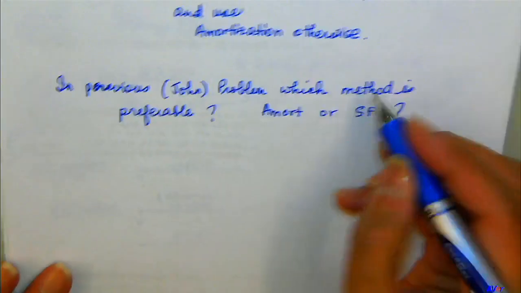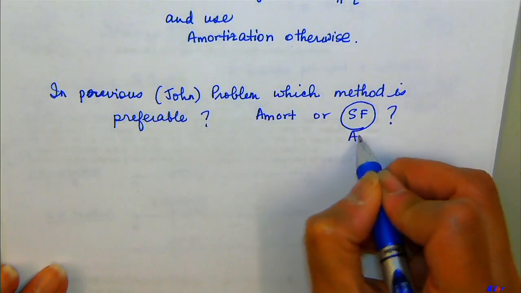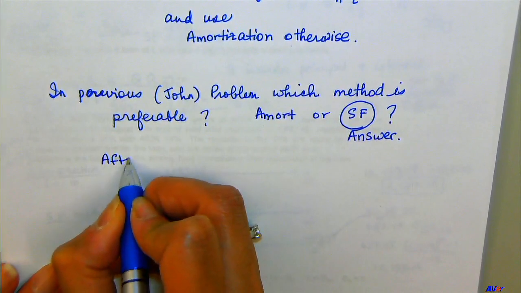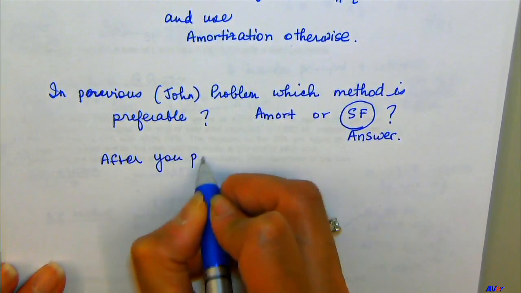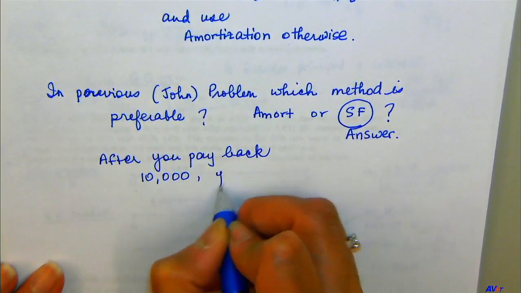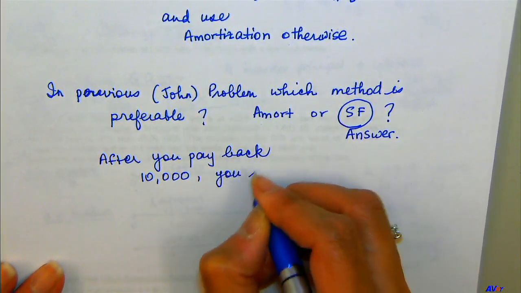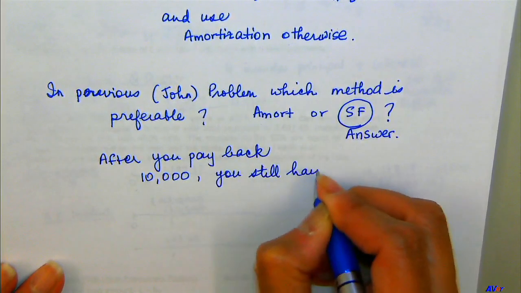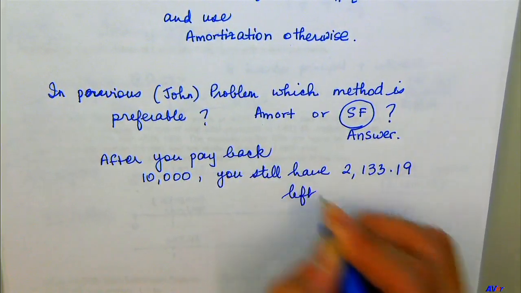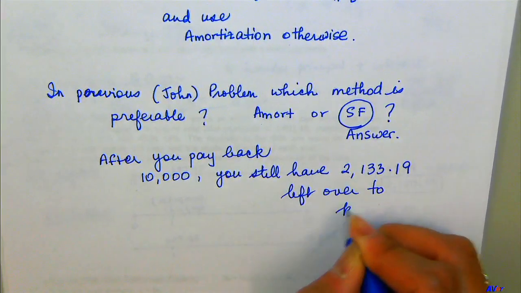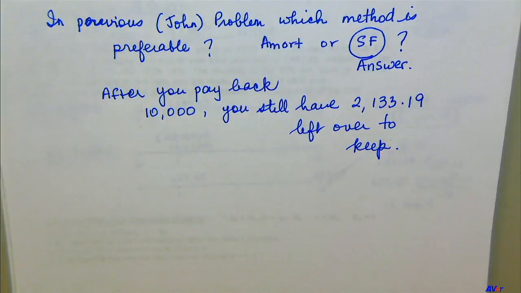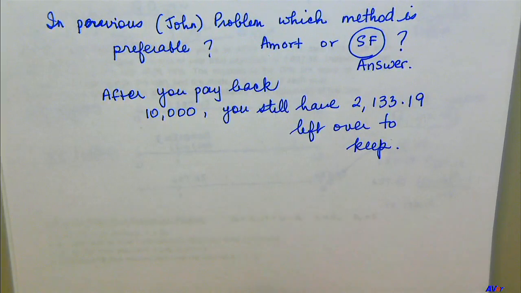So the answer is sinking fund is preferable, because after you pay back the $10,000, you still have, how much was it? 2133 left over to keep. Get it?